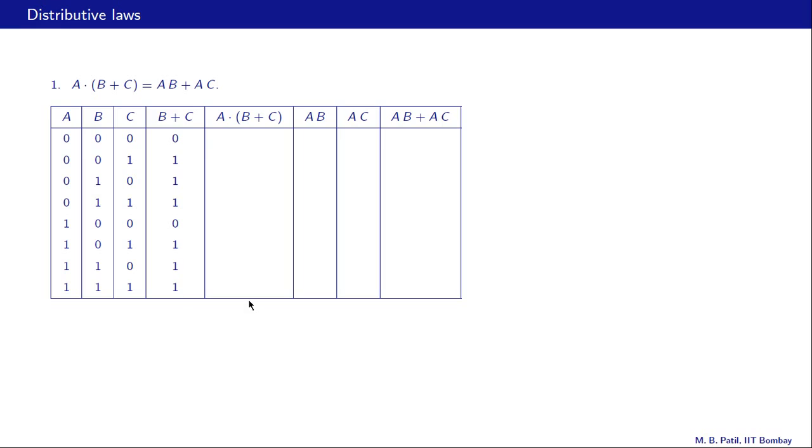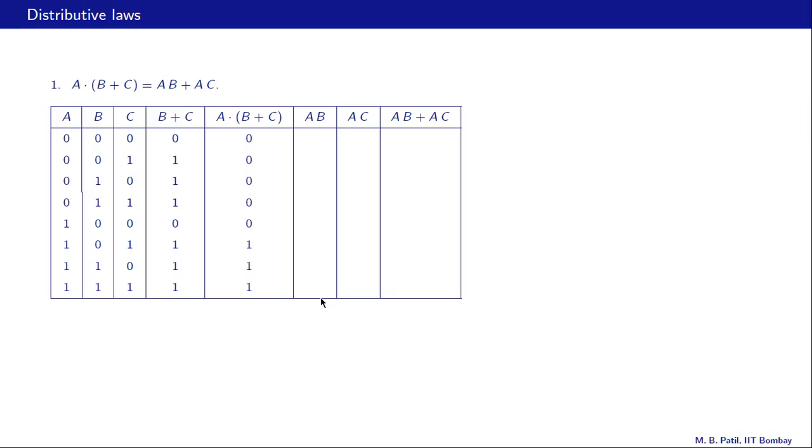A ANDed with B plus C. This is 1 if A is 1 and B plus C is also 1. Let us look at A first. A is 1 for these four positions, and among those positions, B plus C is 1 for these three conditions. So that means we will have 3 ones here, and all others would be zeros, like that.